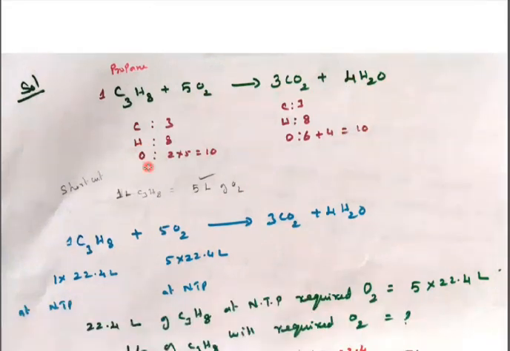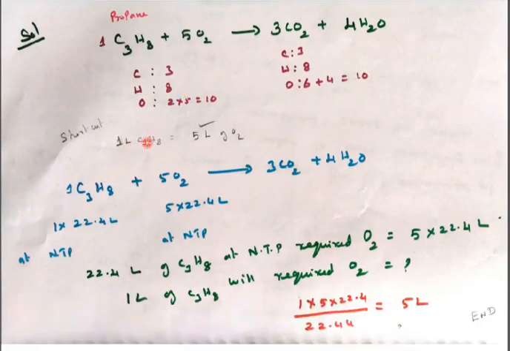So in short, 1 liter of propane burning gives 5 liters of oxygen. It is a shortcut method.